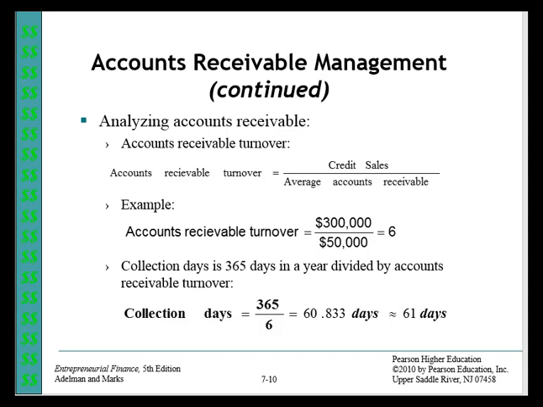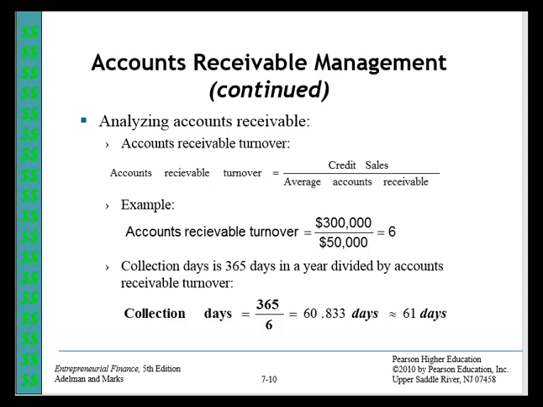Now, if you divide that into 365 days, essentially our collection period is 61 days. So on average, it takes a client 61 days to pay us back. Well, that seems like a relatively long period of time to me. We would like it to be closer to 30 days.